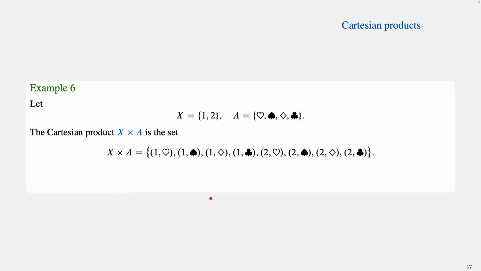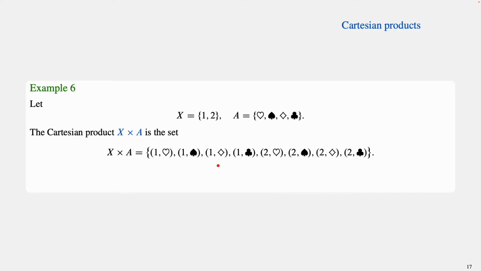Let me give you an example, a bit arbitrary, but I hope it makes the concept clear. We have two sets, X and A. X contains the two numbers 1 and 2, and A contains the card suits, so heart, spade, diamond, and club. And so the Cartesian product of these two sets contains all the ordered pairs where the first entry is taken from X, so it's one of these numbers, and the second entry is taken from A, so one of these symbols here.